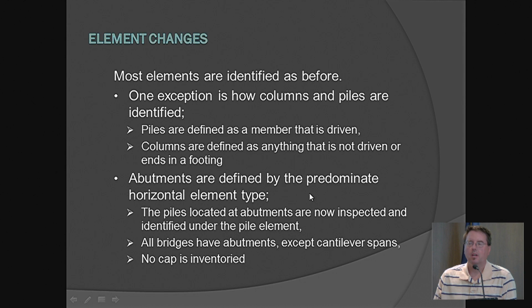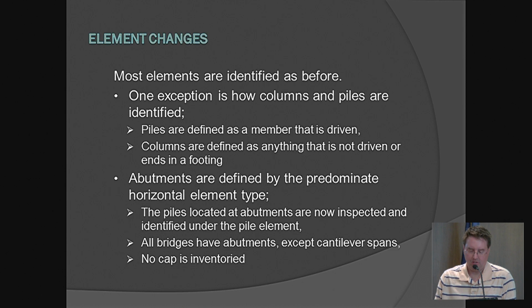Abutments, again, especially on the local agency side, you get quite a hodgepodge of material types that get used to put these structures together. So we are using the horizontal predominant load carrying member to identify the abutment.